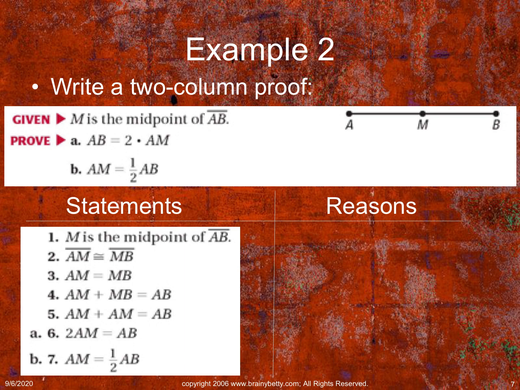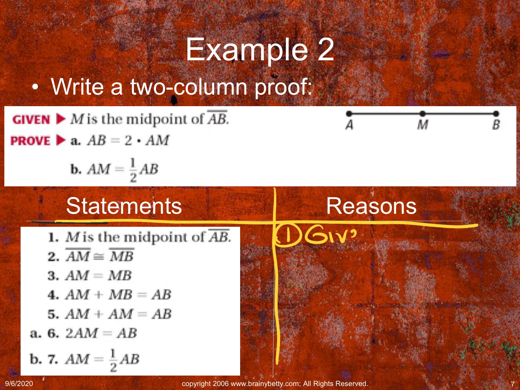All right, next one wants us to write a 2-column proof. Notice on this one, the given information is M is the midpoint of AB. So again, remember, that's your first statement and your first reason. The reason is it was given to you. Now, on this particular problem, notice they're asking us to prove 2 separate things.